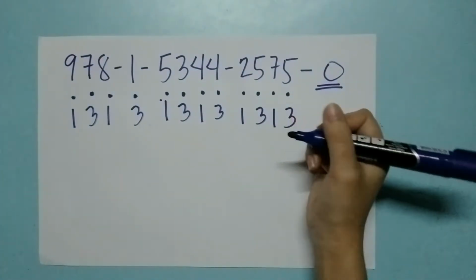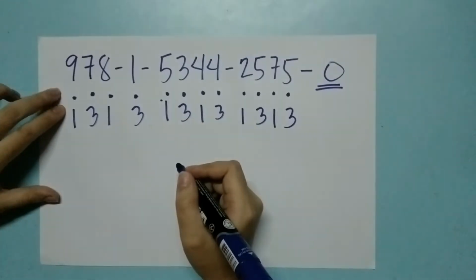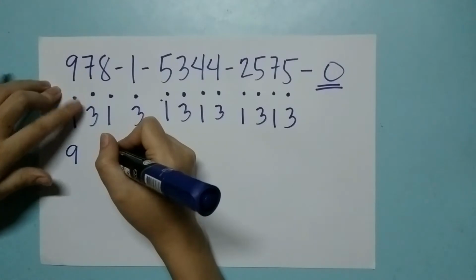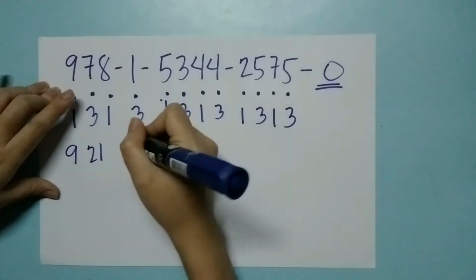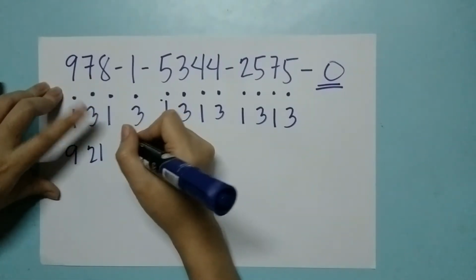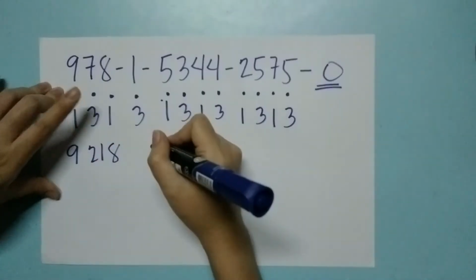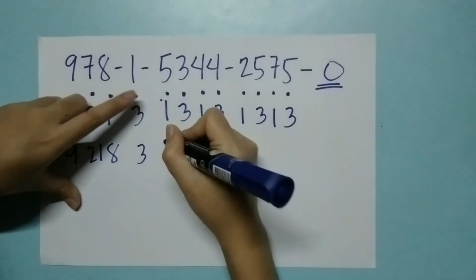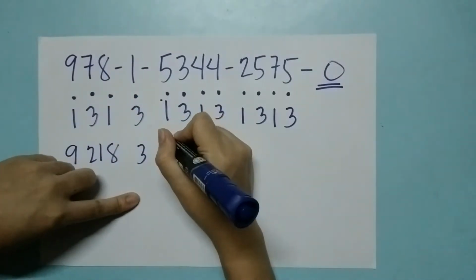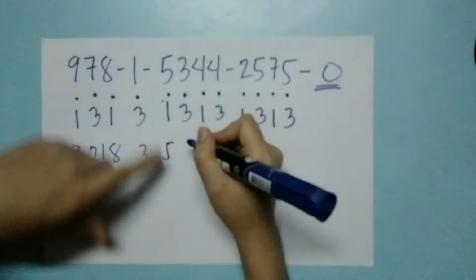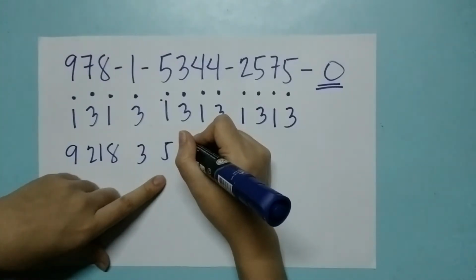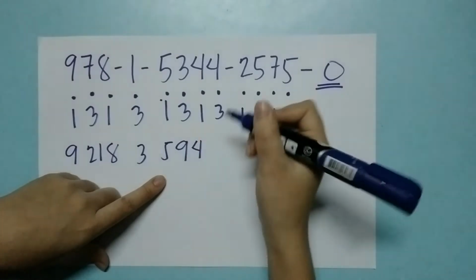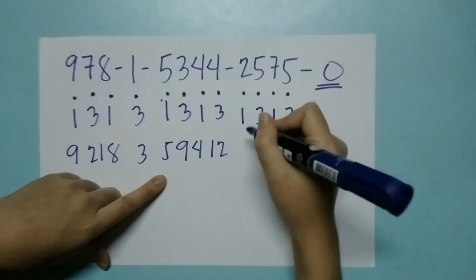So now we're going to multiply. 9 times 1 is 9. 7 times 3 is 21. 8 times 1 is 8. 1 times 3 is 3. 5 times 1 is 5. 3 times 3, 9. 4 times 1, 4. 4 times 3, 12.